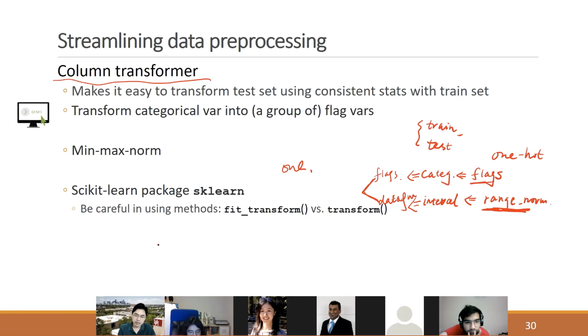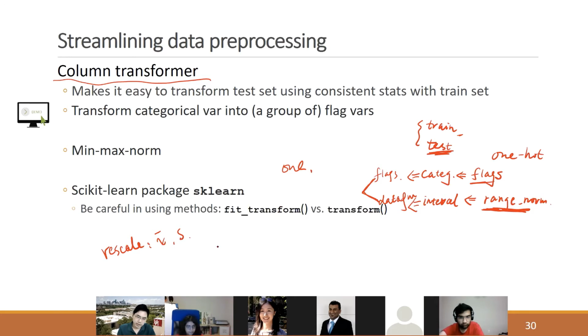But that's not the only benefit. The really good benefit is to streamline the test set, and this is critical. Without transformer, you probably do this. Let's say for rescale, you need two statistics. You need the mean and you need the standard deviation of the variable, right?